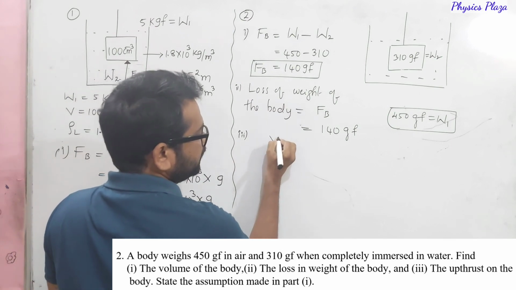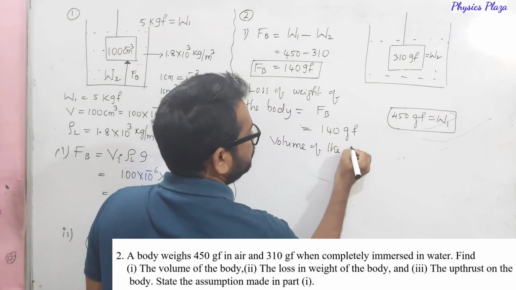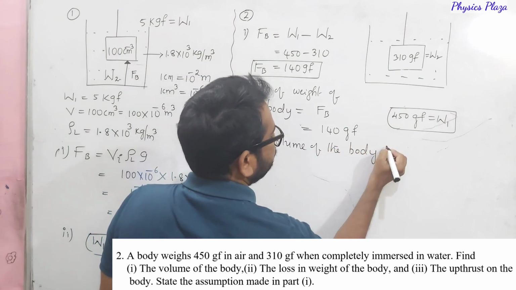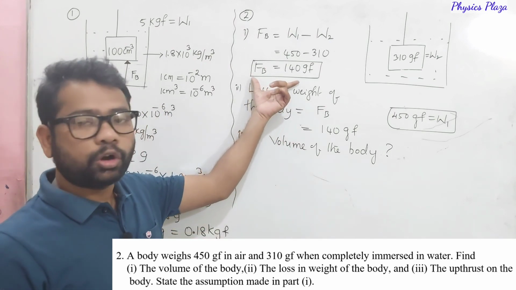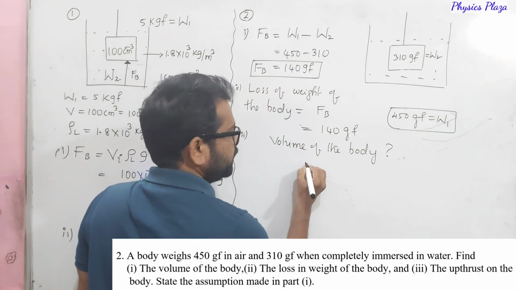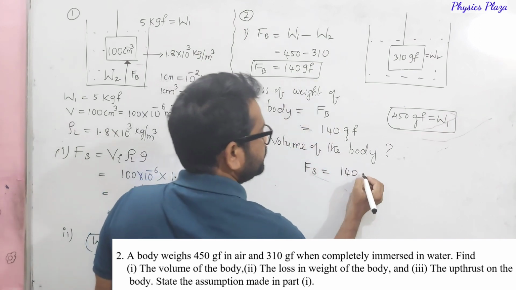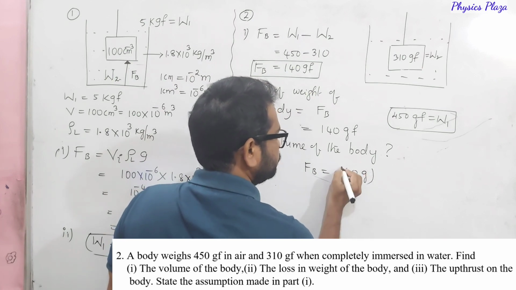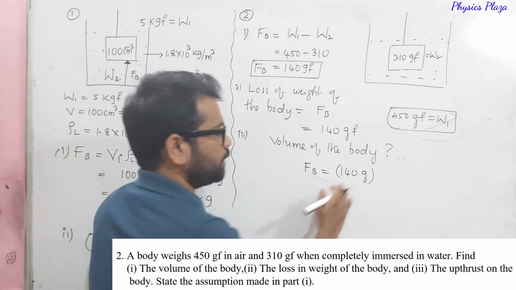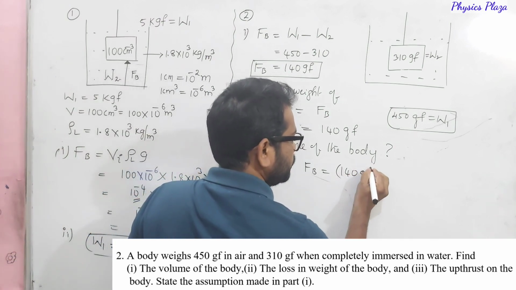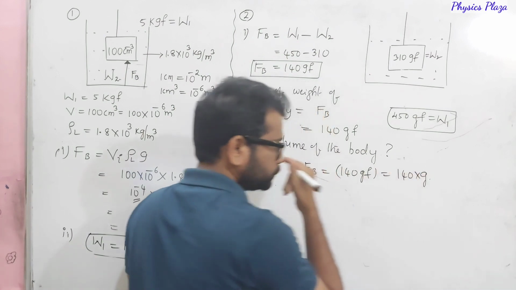Here they are asking us to calculate the volume of the body immersed. So now let us take buoyant force FB, which we got as 140 gram force. Gram force means we can write 140 G. So don't get confused, it's gram force only, but we can write it as 140 into G also.